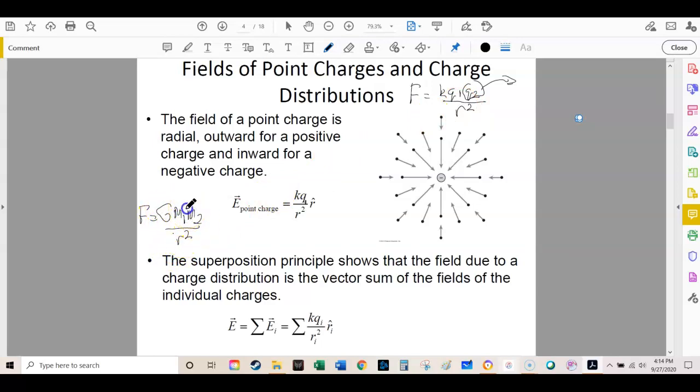That means the Earth's field, if we were to throw this out, would be basically the gravitational field. So I'm going to make something up here. Anyways, we would be just dealing with the Earth's gravitational field if we tossed out the person. So now you'll notice the Earth's gravitational field drops off by 1 over r squared. Well, the same thing is happening here with the electric field. It's dropping off by 1 over r squared. So we're still going to have to think in terms of that 1 over r squared.